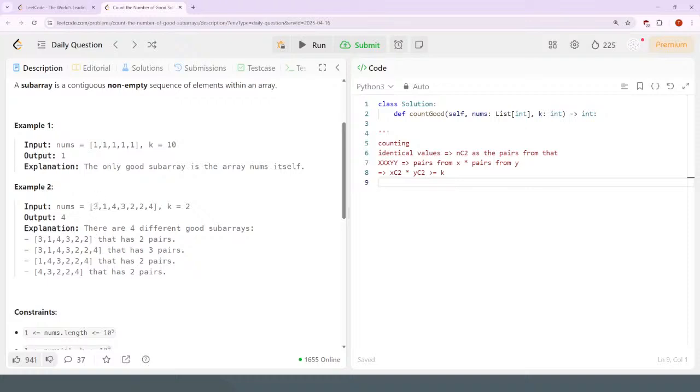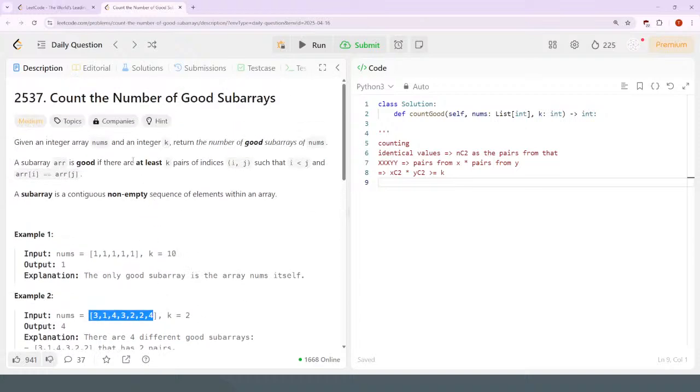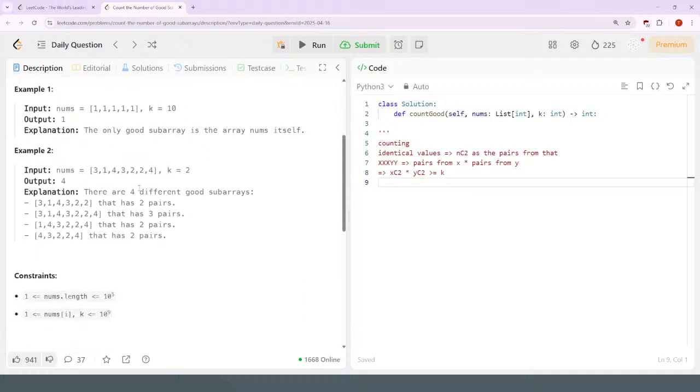Because in theory, you'd start by trying everything, right? You'd start by trying the whole subarray, because you're never going to have smaller numbers in your whole subarray. Try your whole subarray, see how many pairs you have in that.